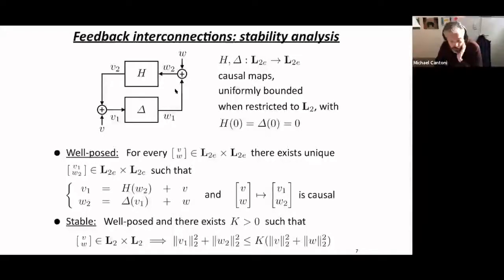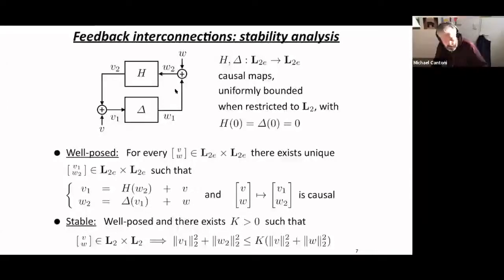They're defined on the extended L2 space, but when you restrict the inputs to be elements of L2, so finite energy, then what you get out will also have finite energy, and there'll be some sort of uniform bound on the gain.